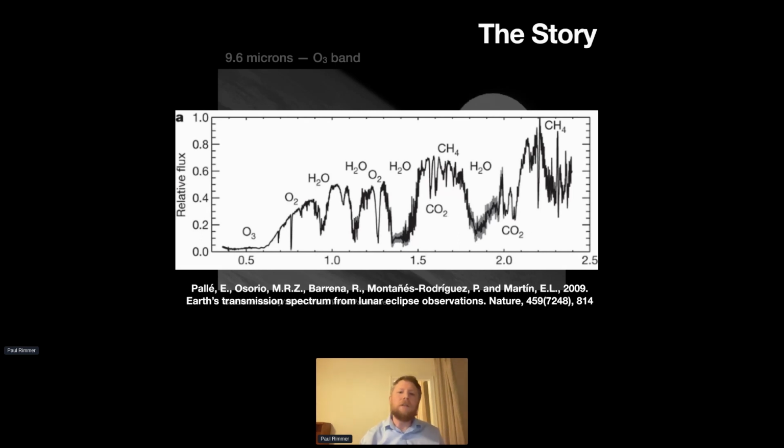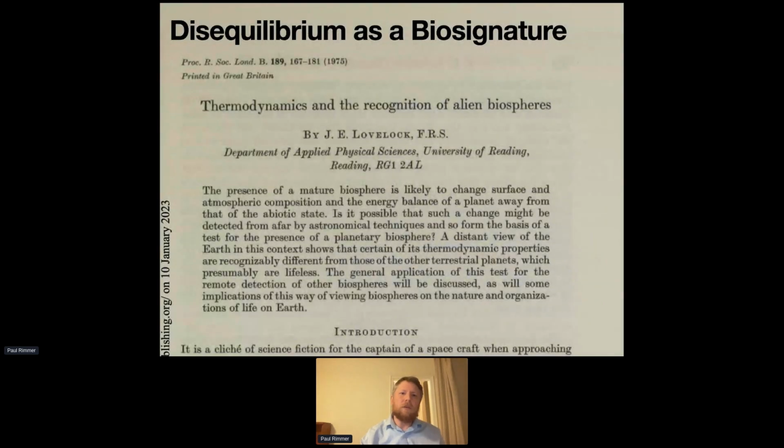And there's a more general way to look at this kind of disequilibrium. And a lot of the ideas about looking at the sort of disequilibrium as a biosignature originate with people like James Lovelock. So James Lovelock has this paper, Thermodynamics and the Recognition of Alien Biospheres, where he specifically looks at these thermodynamic properties and argues that life has this almost unique ability to sustain at least a certain degree of disequilibrium in a planetary environment.